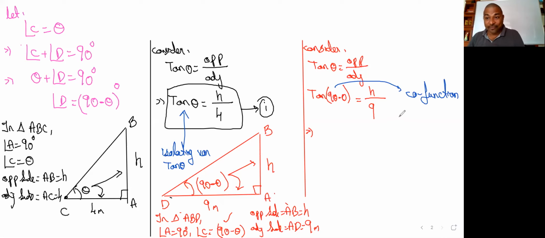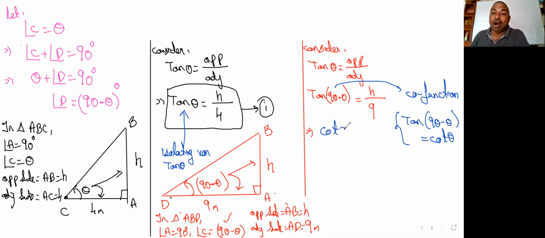According to the co-functions, tan 90 minus theta is equal to cot theta. Therefore, I am writing tan 90 minus theta as cot theta, which is h by 9.